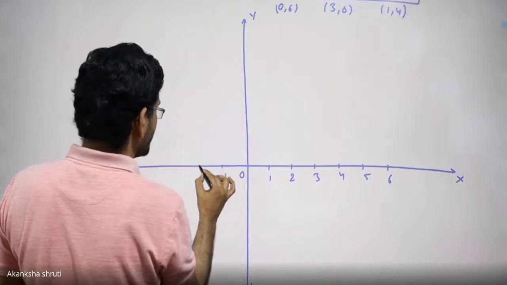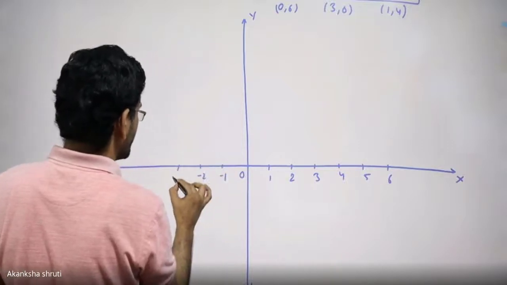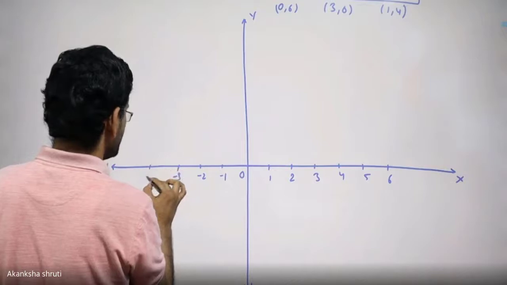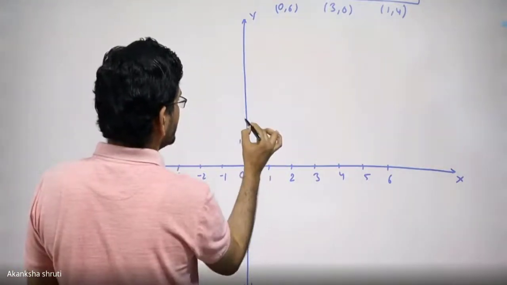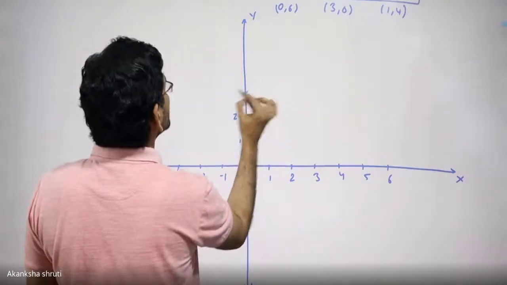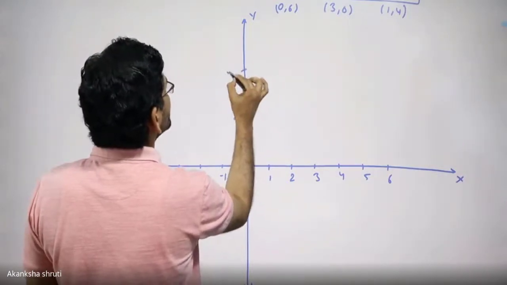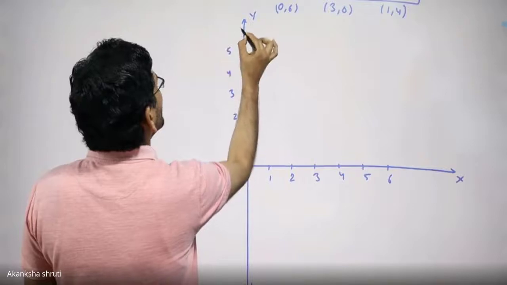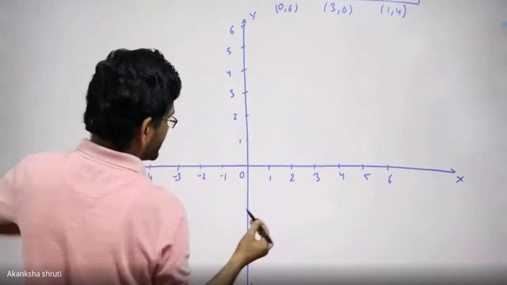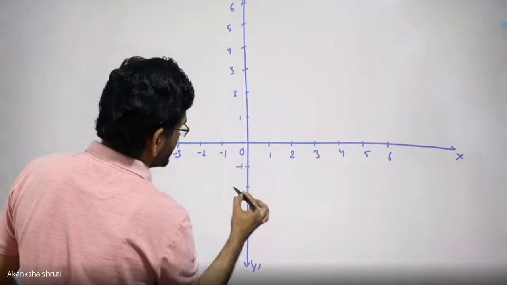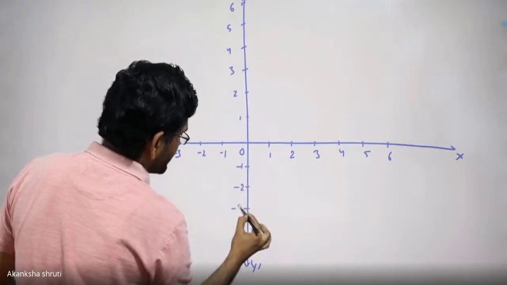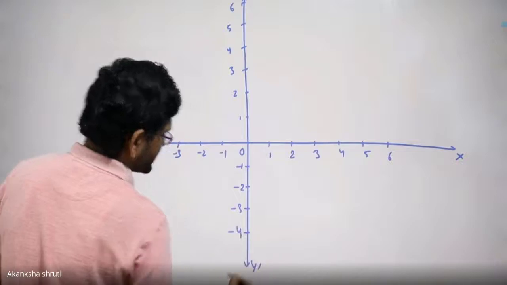Minus 1, minus 2, minus 3, minus 4. Consider the y. 1, 2, 3, 4, 5, and 6. Student, we can also take the negative side. Minus 1, minus 2, minus 3, minus 4.